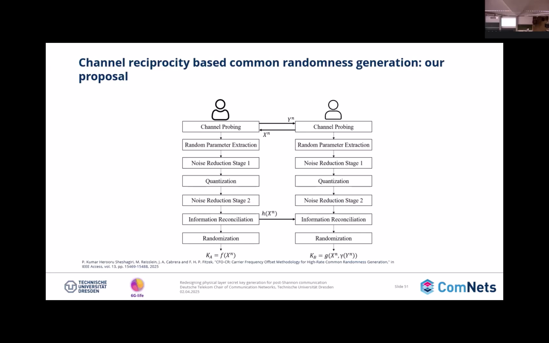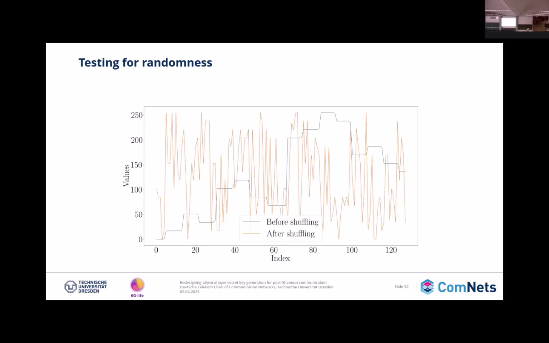So we had to introduce a randomization agent, but we couldn't use the same privacy amplification scheme that was used in PLSK. So we had to introduce a randomization scheme which did not incur loss of bits. What we did was use a random shuffling algorithm where we made use of a pseudo random number generator to shuffle the index of the generated random variable.